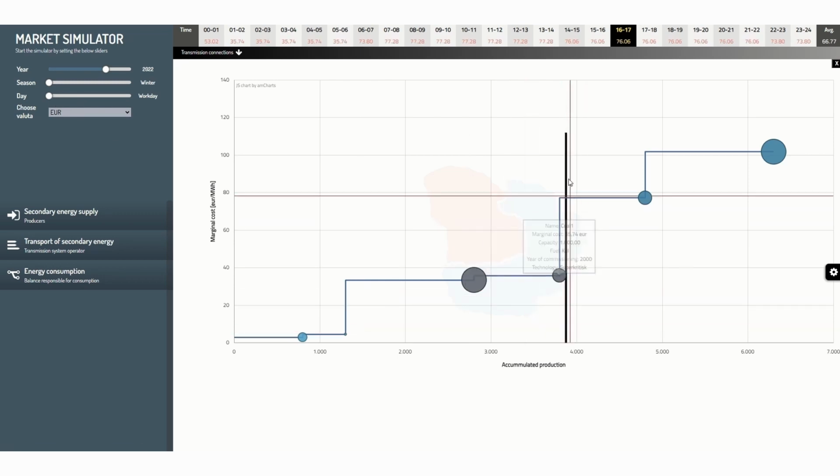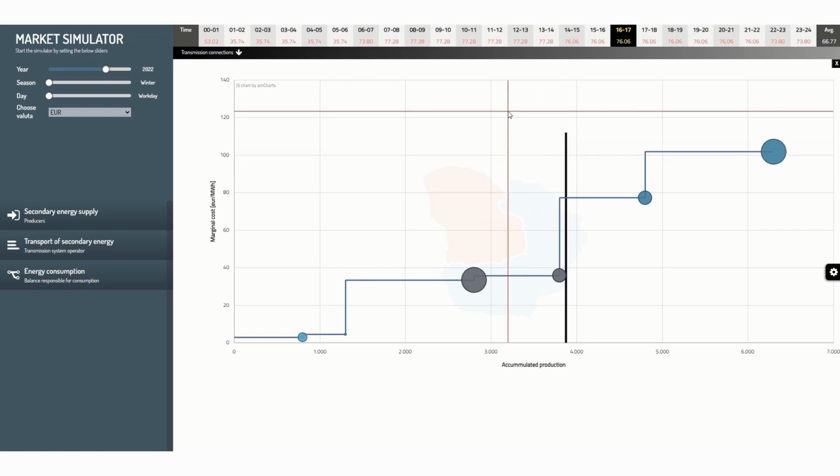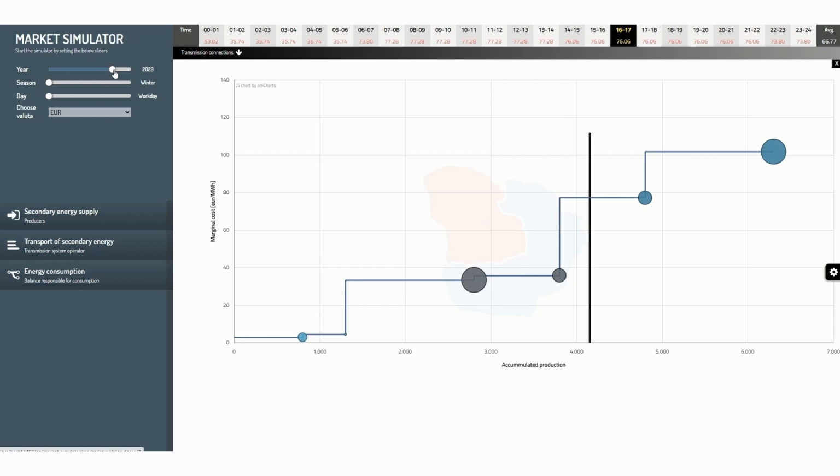So the demand curve will change depending on the day type, the season, and also the hour. It will also depend on the year, because if I increase the year, there is a percentage increase each year, and then the demand will also increase.